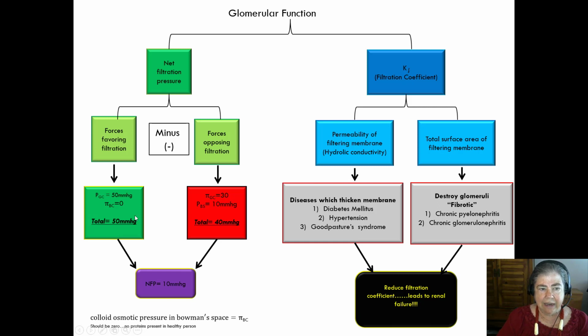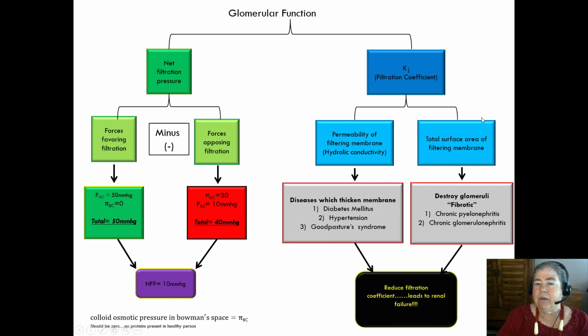So similar slide, right? But here we are going into a little bit more detail about things that change the filtration coefficient. You can change the permeability of the filtering membrane by thickening the basement membrane, which happens in a number of diseases, including diabetes and hypertension.